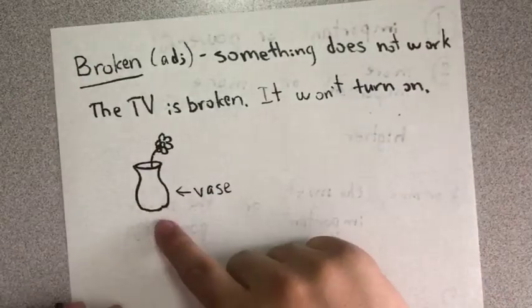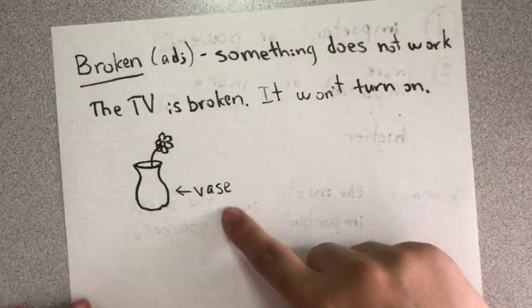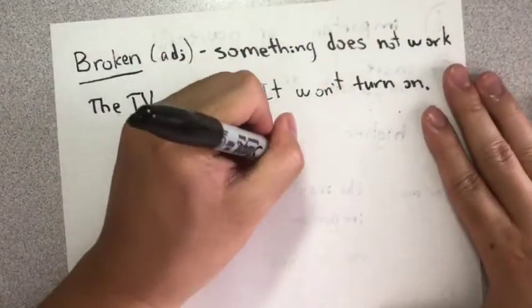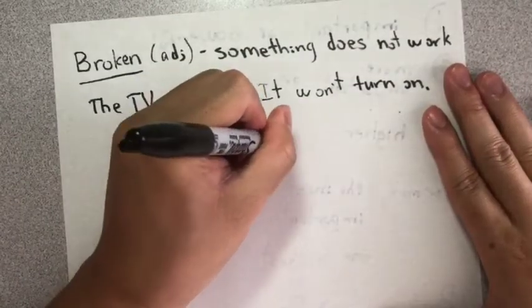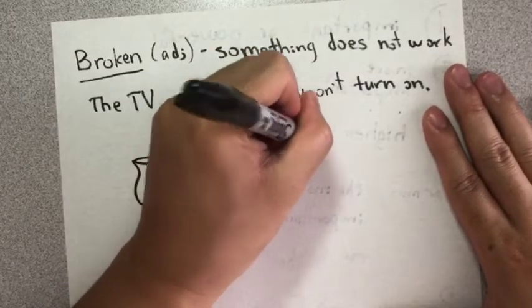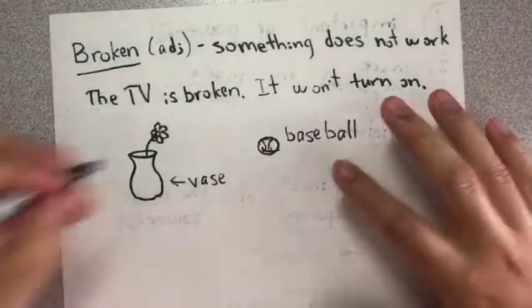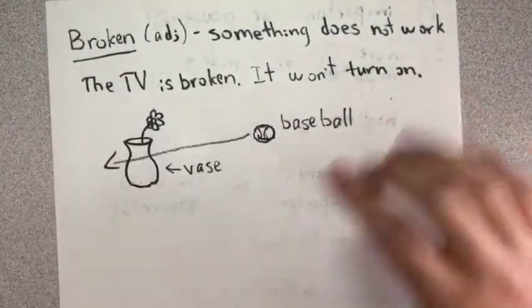It holds flowers, it holds water. Well, this is a baseball. The baseball is going straight through the vase.